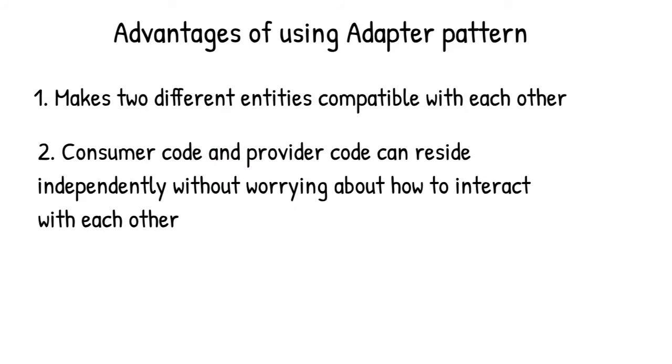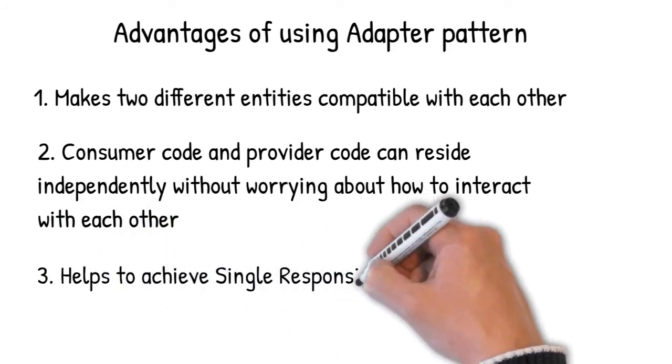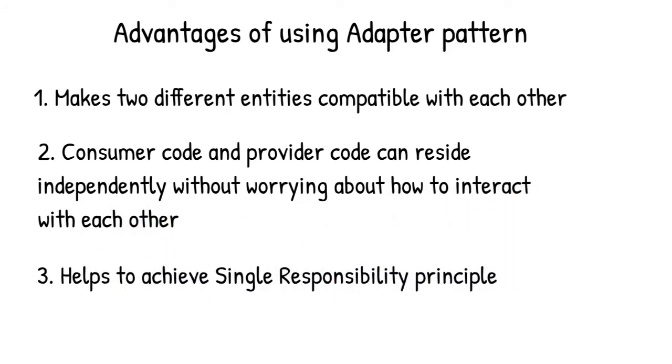Point number 3, the adapter pattern helps to achieve the single responsibility principle because the consumer has to worry about consumer code only and the provider has to worry about provider code only. That's amazing.